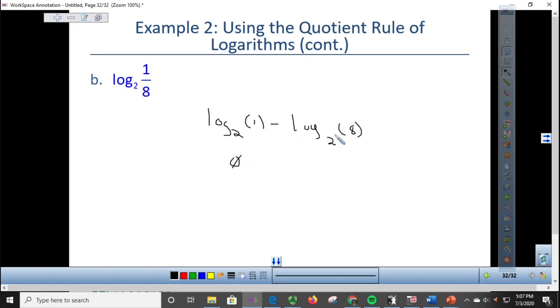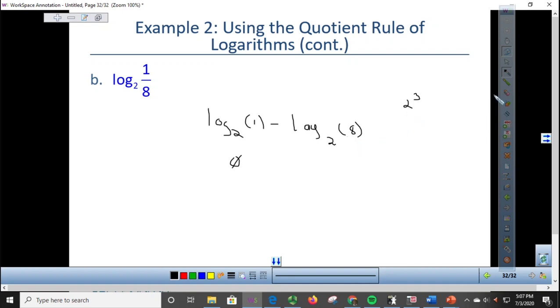And then let's talk about our manipulating again, right? Can we do anything to this 8? Can we put 8 into a base and raise it to a power and still get 8? You bet. 2 to the third power is also 8, right?